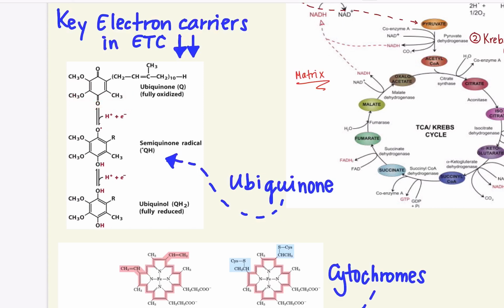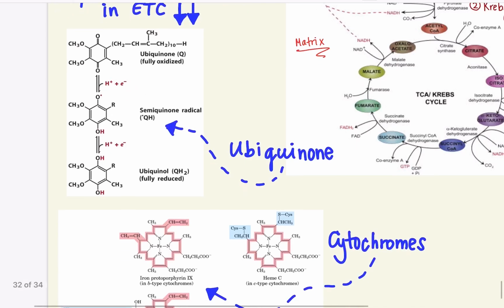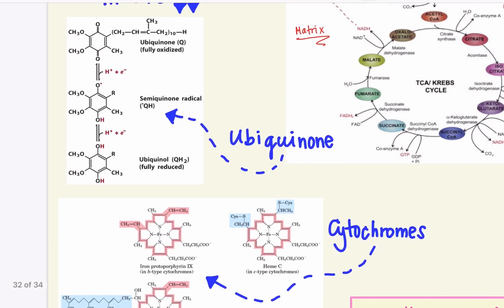Coenzyme Q has these ketones on both sides. This form is fully oxidized, right? This molecule can't get any more oxidized. So let's see what happens when it is getting reduced. First, we add one electron to it and a proton to go with it, and there's some electron pushing.